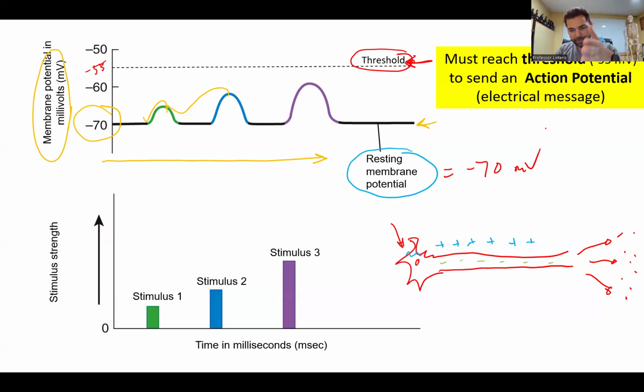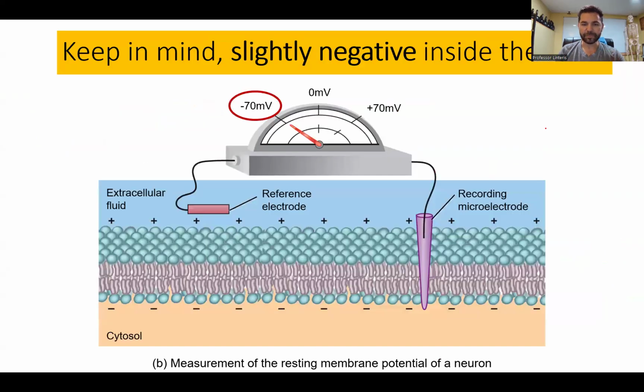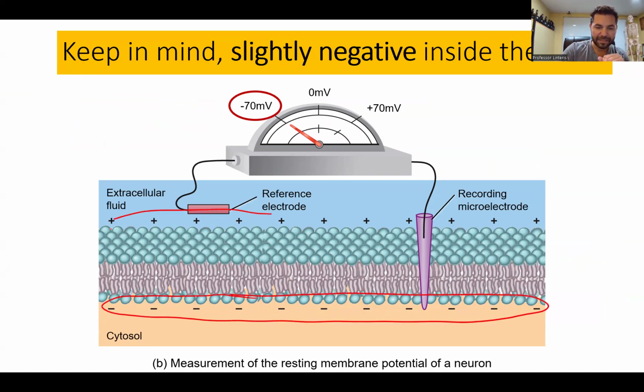Why? There's negative stuff inside the neuron, inside that axon, and positive stuff on the outside, right? So this is showing you, if you were to measure the charge, slightly negative on the inside, slightly positive on the outside. And what does this show?